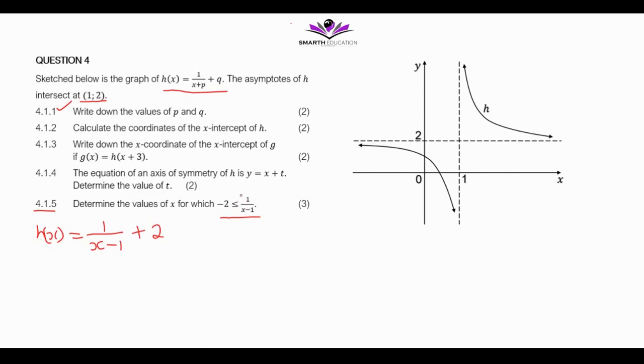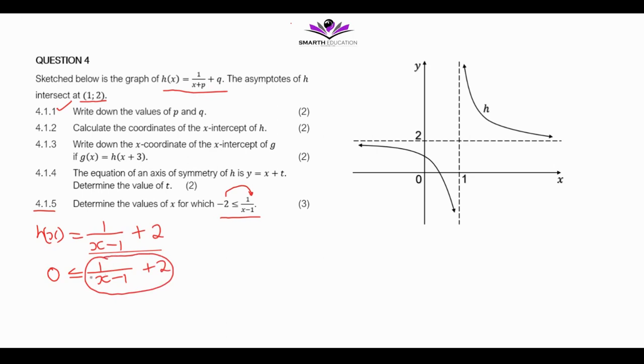If you check, we can actually write this inequality in this form. If we bring negative 2 to the right hand side, it becomes what? 0 is less than or equal to 1 over x minus 1, then plus 2, meaning that this is our h of x.